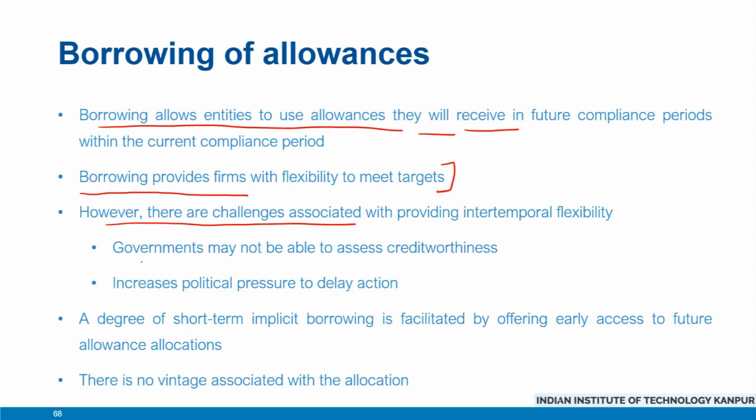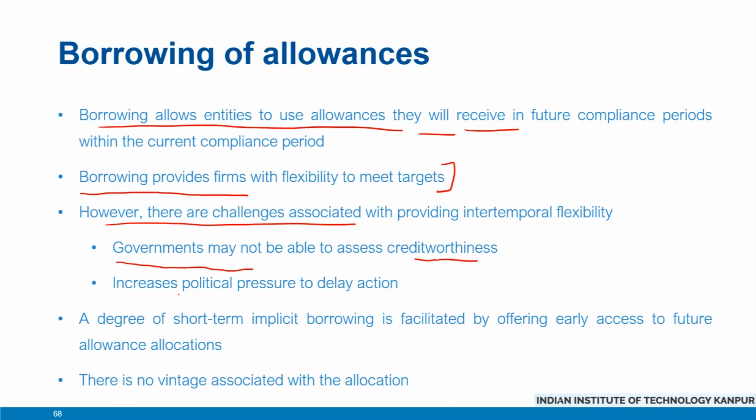First and foremost, governments may not have the capacity to assess the creditworthiness and solvency of firms that borrow allowances. Furthermore, there is likely to be adverse selection, which means that firms that are least solvent are likely to want to borrow more than the firms that are more solvent.